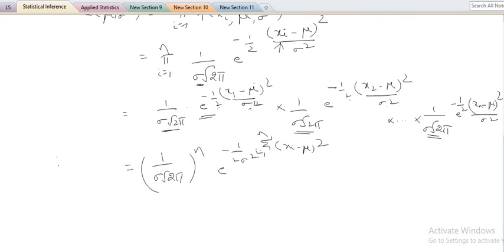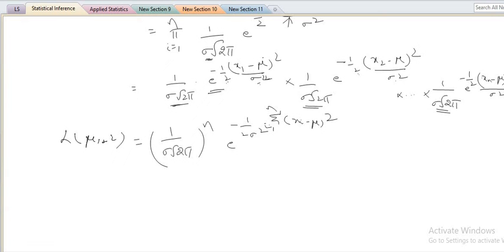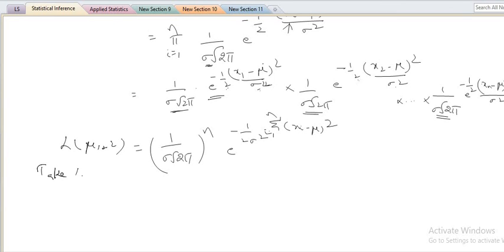Take logarithm. This is L of mu comma sigma square. Take logarithm on both sides.